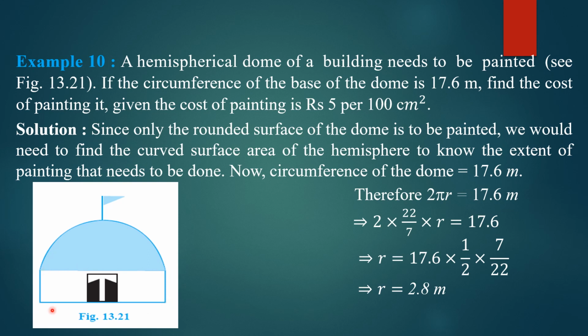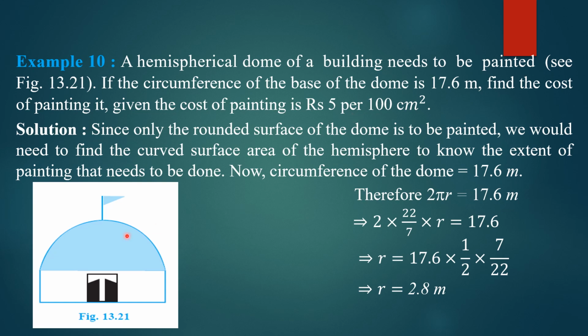This base in the form of a rectangle and the dome of this building is in the form of a hemisphere. Yes or no, children? Yes. If the circumference of the base of the dome is 17.6 meters, find the cost of painting it. Given the cost of painting is 5 rupees per 100 centimeters square. Understood this question, my children?